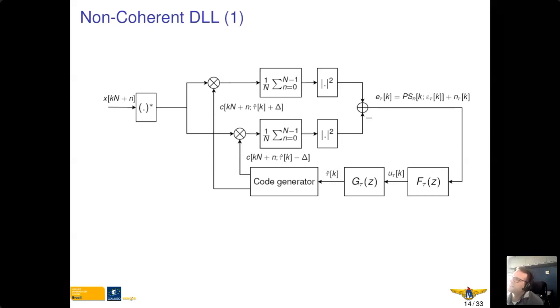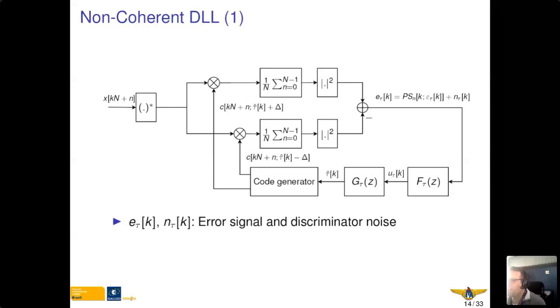So that's why we sum up, and the late arm here is multiplied with minus. This gives us what's called the discriminator output, the error signal E of tau, and this is P times, we come back here to the receiver, the loop S curve. This is S of non-coherent at epsilon tau, which is the time delay estimation error, plus some noise. So E of tau and N of tau are the error signal and discriminator noise.